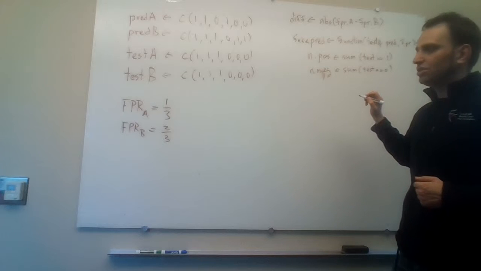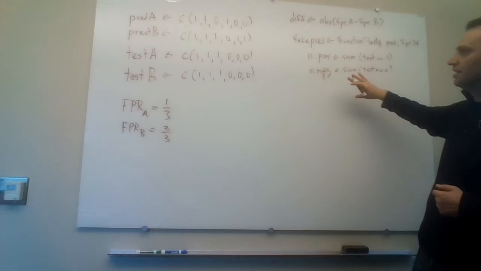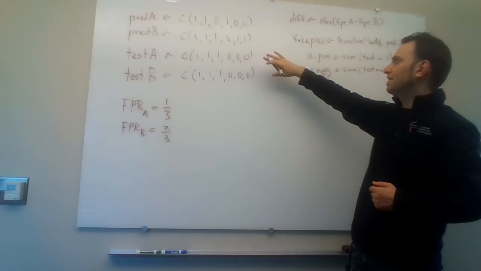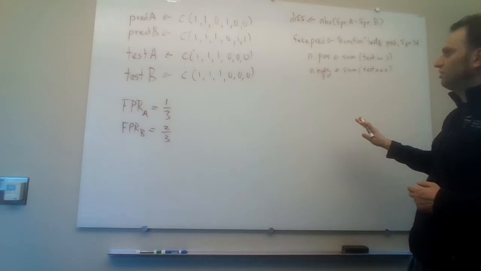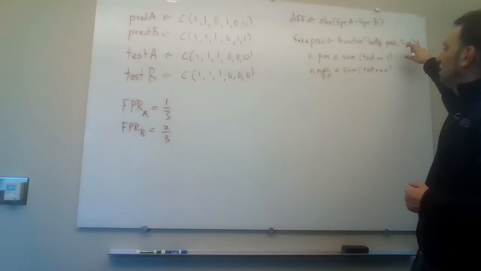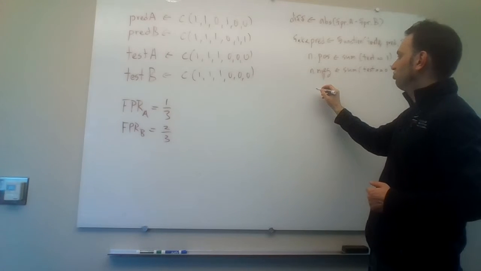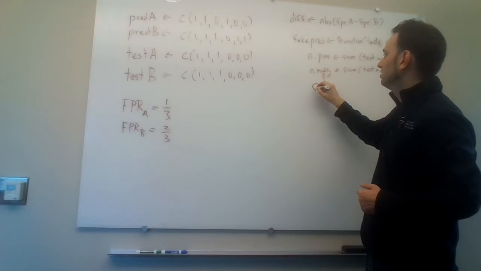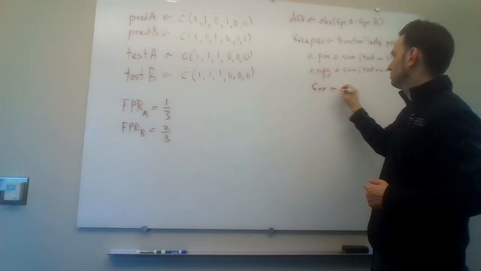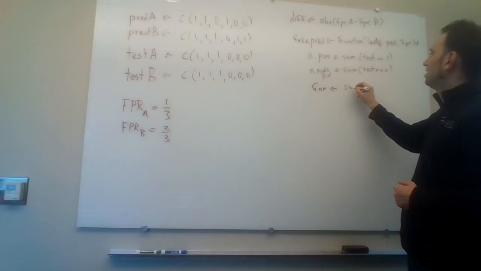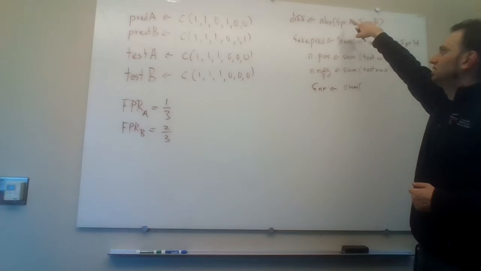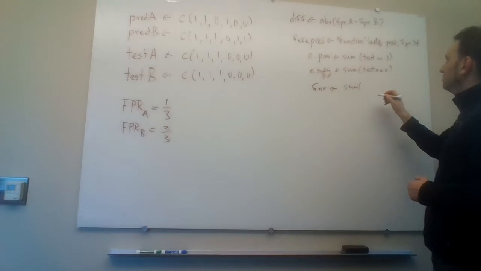And now what we're going to do is generate fake labels. So how do we generate fake labels? Well, we know the FPR, but we don't know the FNR. So the FNR we will just estimate. The FNR is going to be computed the same way that we computed the FPR in the first place, right?